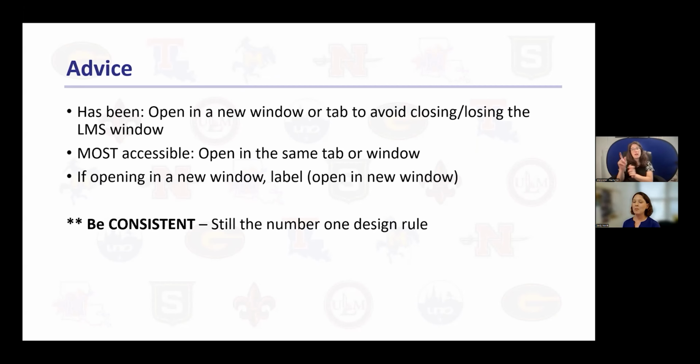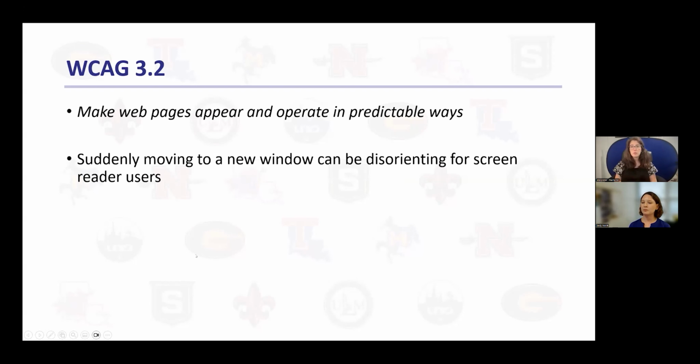And then finally, the most important thing is going to be for you to be consistent. Don't choose different types of link behaviors just willy-nilly within a module. You want students to be able to predict what is going to happen when they go to certain areas of your course.